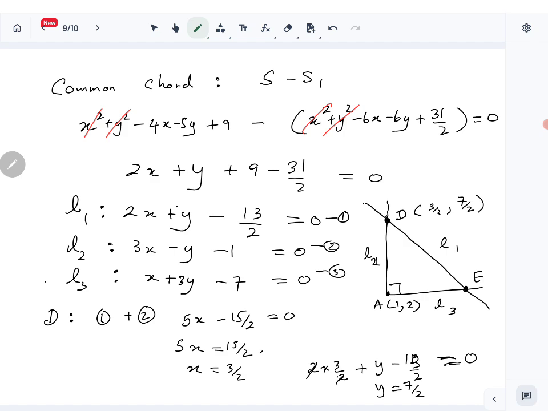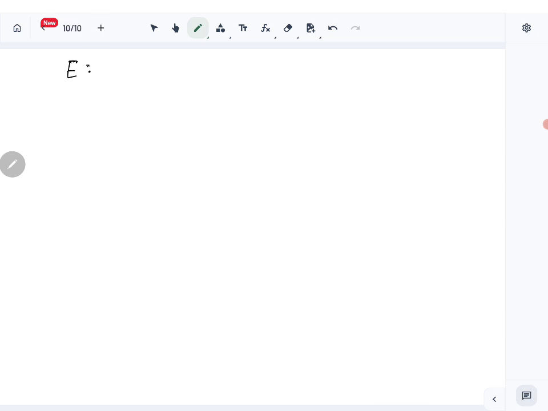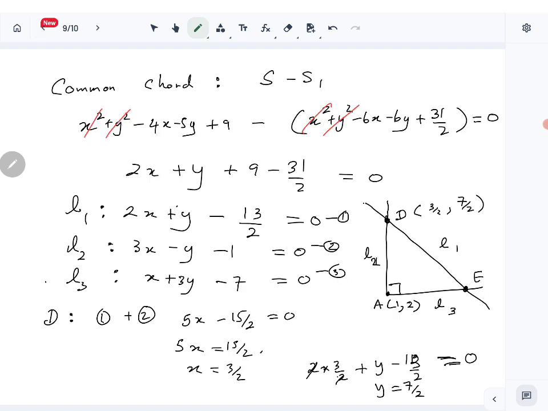That is the intersection between L1 and L3. We'll do equation 3 times 2 minus 1.